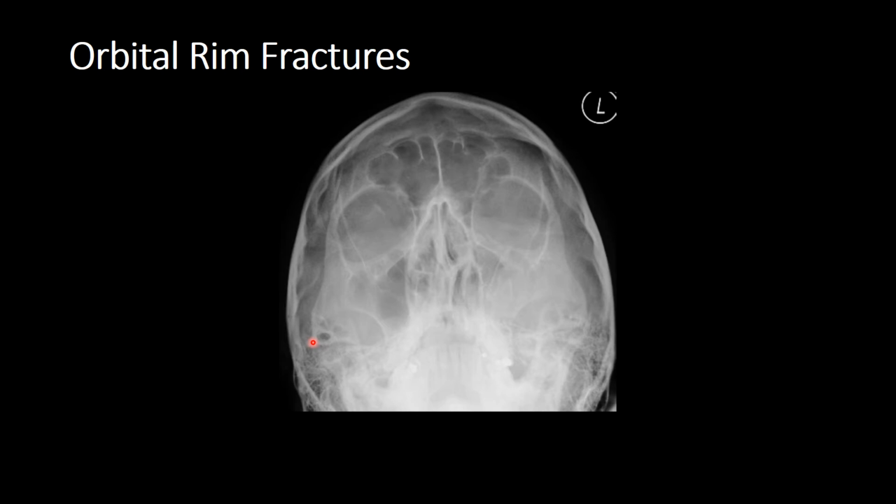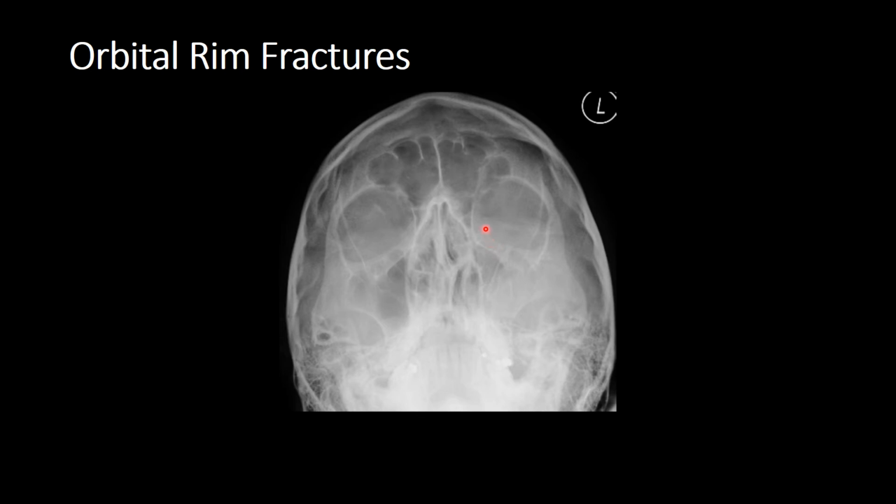So we go over the superior orbital margin, over the body, over the infraorbital margin, up over the medial wall of the orbit and nasion, and up over down around the opposing side. And it's at this point, can you see that lucency there?